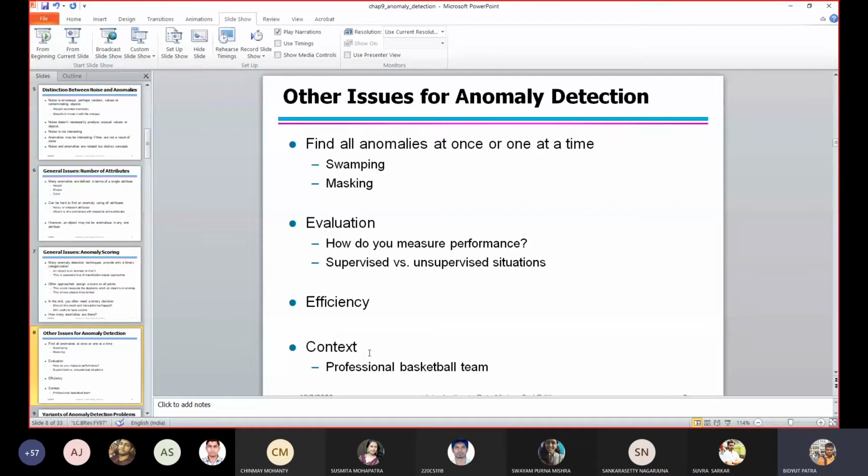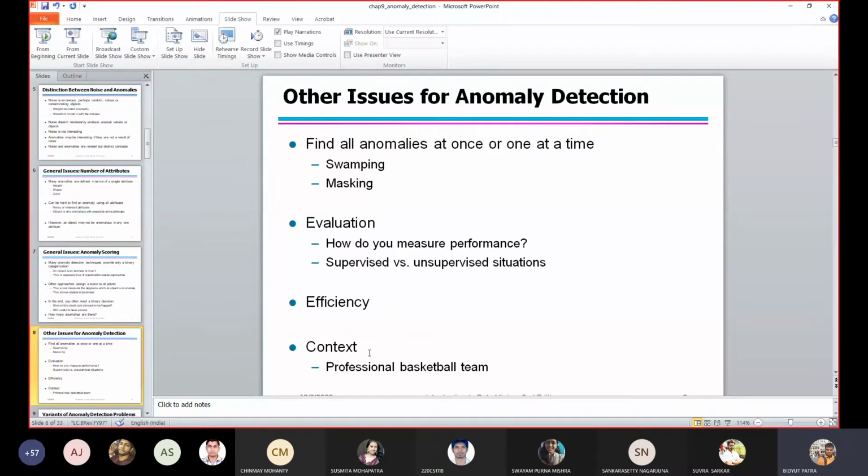We need to look into that, because in the case of classification we use accuracy. As I said earlier, accuracy has severe drawbacks when there is a data imbalance issue, so you cannot use accuracy. Then we learned the other techniques, precision and recall, and for precision and recall we also need to know the class level.